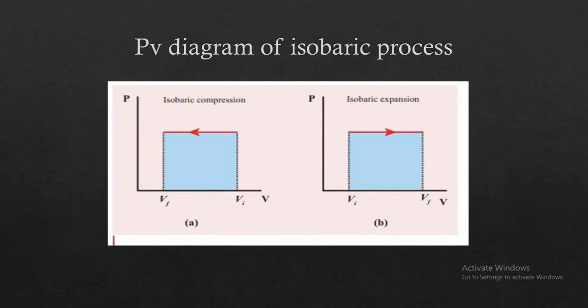We can see in the PV diagram of the isobaric process that whenever compression takes place at constant pressure, the volume of the system will decline, as well as the temperature of the system. On the other hand, whenever an expansion process takes place, the volume of the system will increase, as well as the temperature of the system.